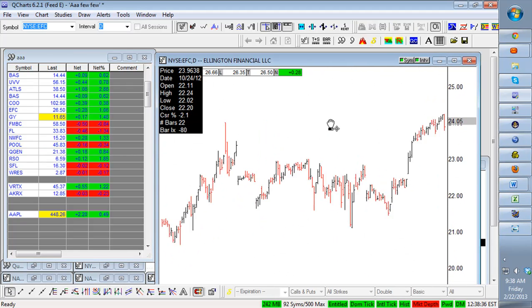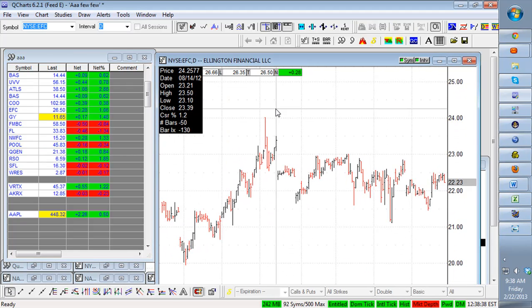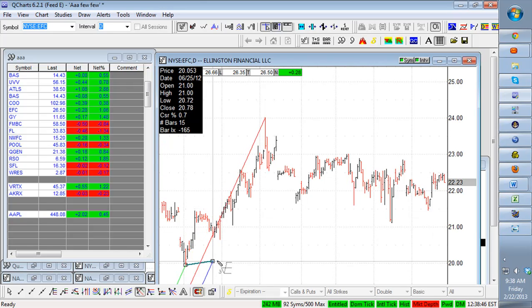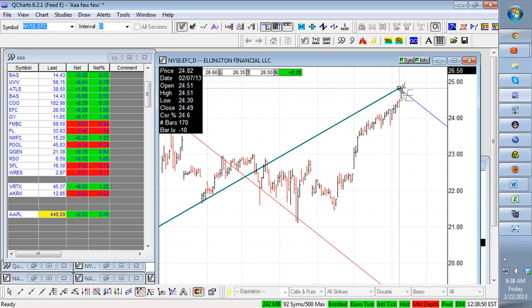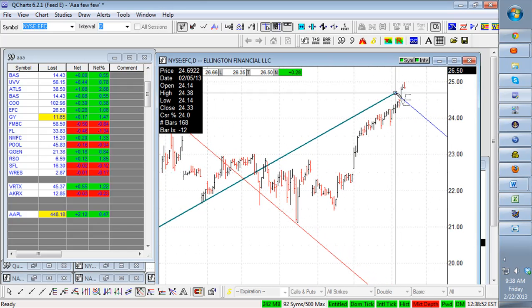Here's another one from Stephen's group of trades. Let's see. Okay, well, this one made it up past the time point.